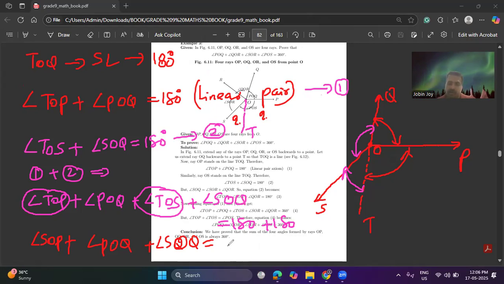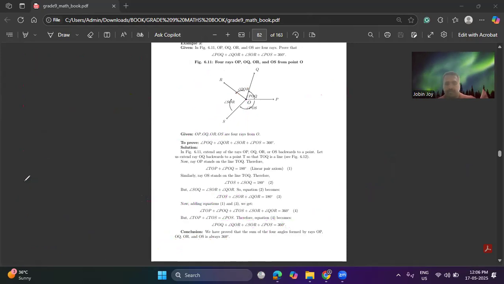What is 180 plus 180? It is 360 degree. So when you add, you will get 360 degree. In this way, you can calculate.